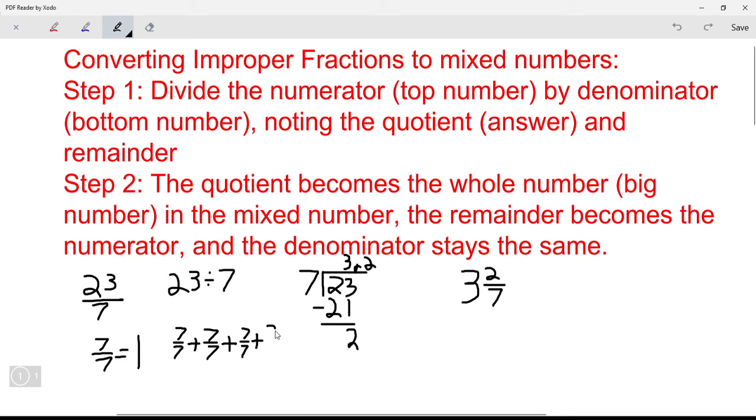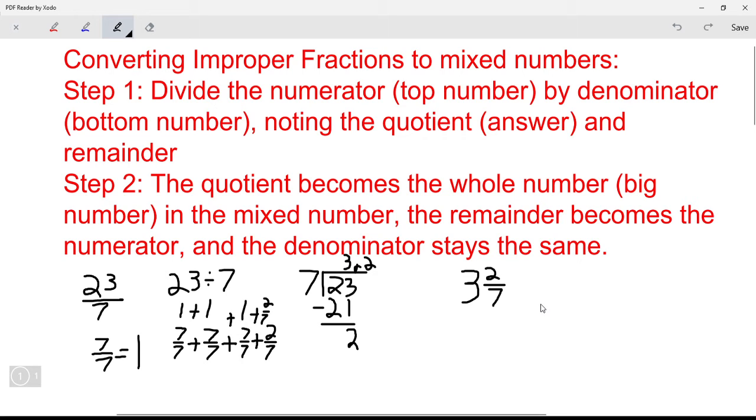And then 2 sevenths for the remaining 2. And this equals 1 plus 1 plus 1 plus 2 sevenths. So that is 3 and 2 sevenths. So that is why that works.